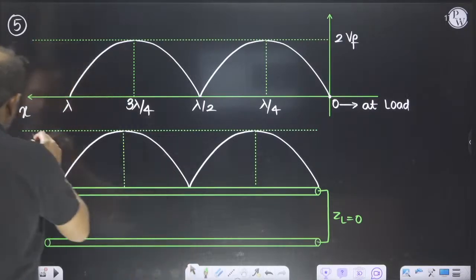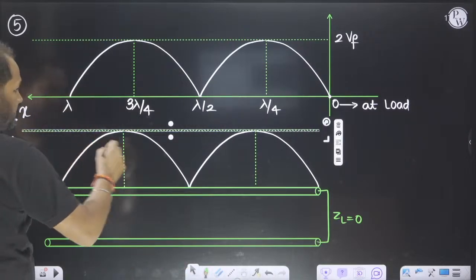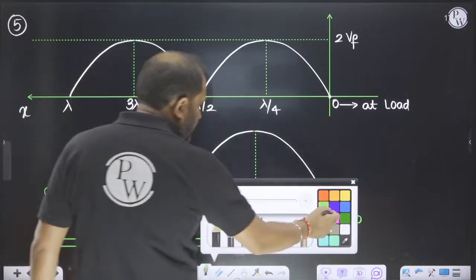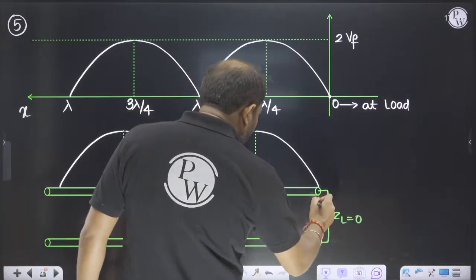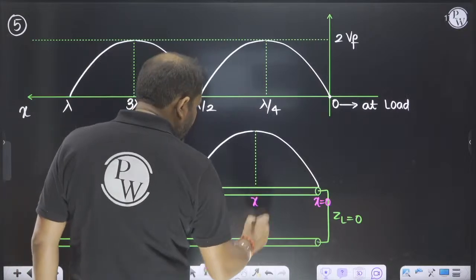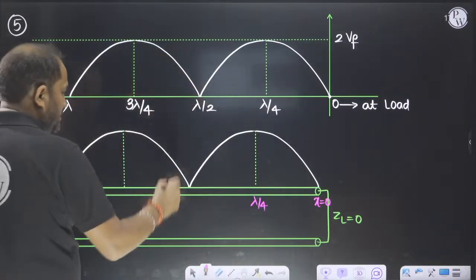So this is the graph of voltage. At load, what are you getting? Minimum voltage. From load, at lambda by 4, you are getting maximum voltage.